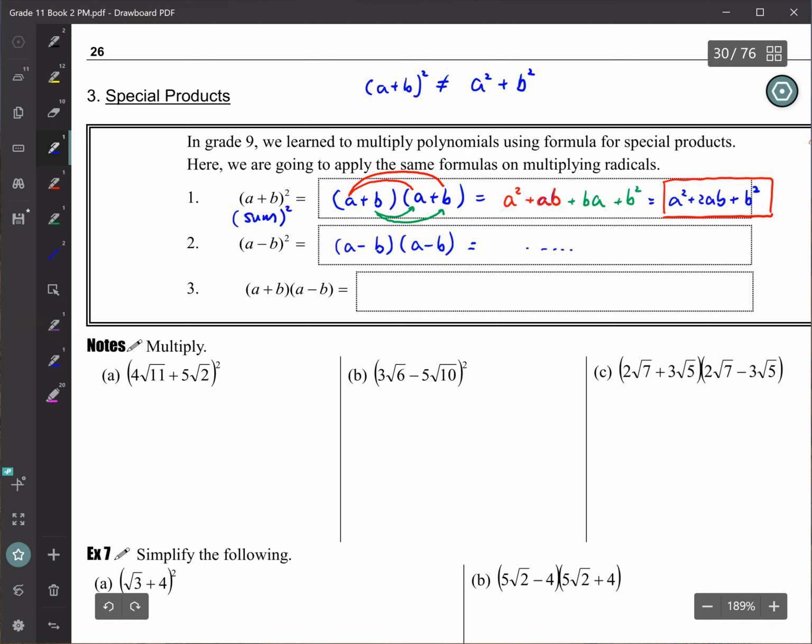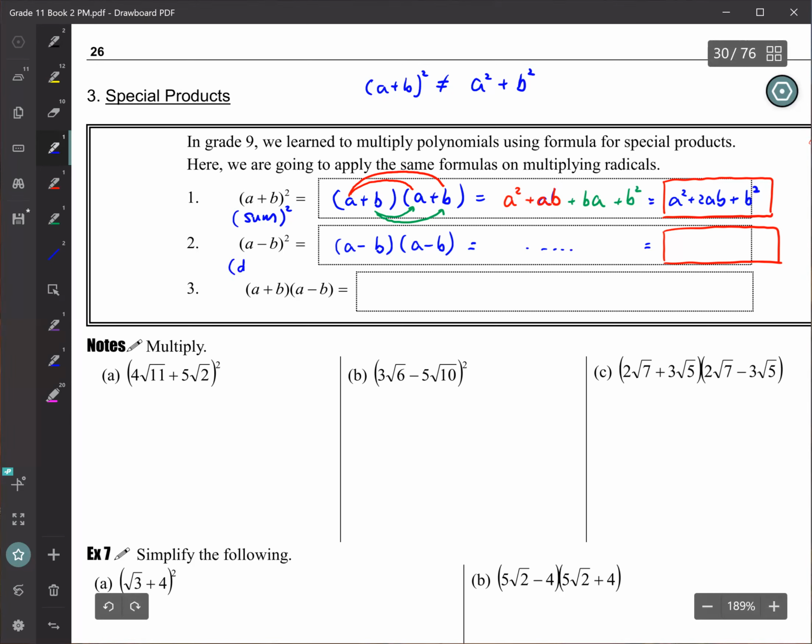Then we can find the formula in the box. This time it is not sum, it should be the difference.